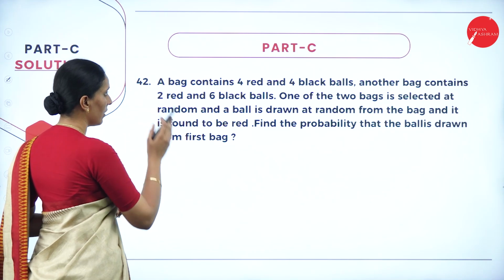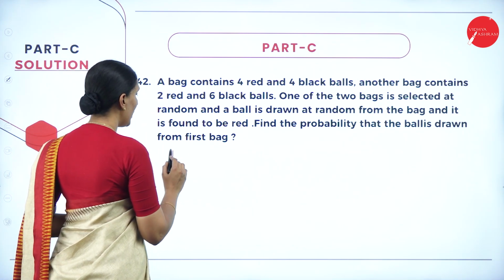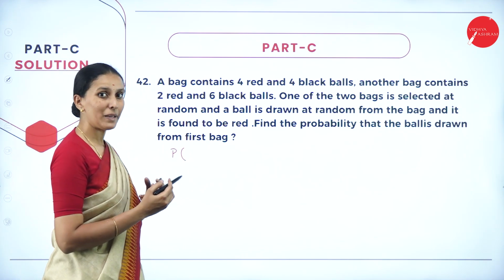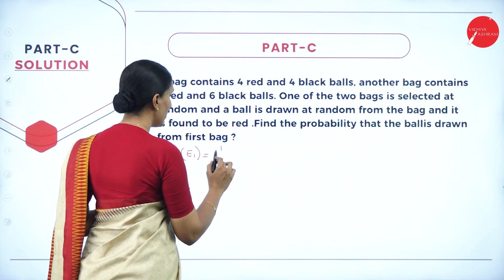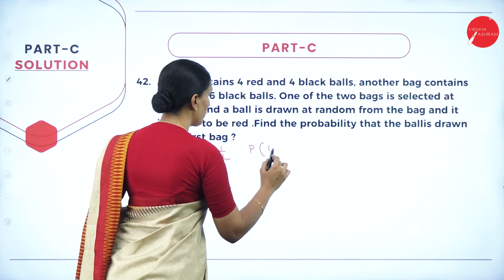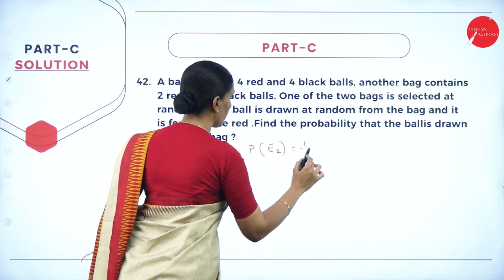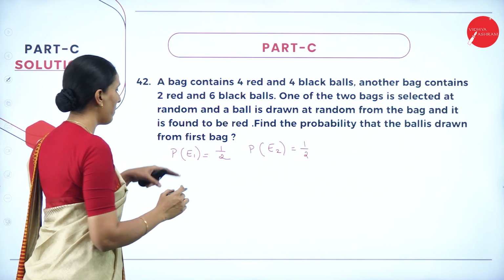So now here for the given question, probability of choosing bags, let it be E1 and E2. So we have probability of choosing bag 1 is 1 by 2. Probability of choosing bag 2 is 1 by 2. Now let's choose red from bag 1.